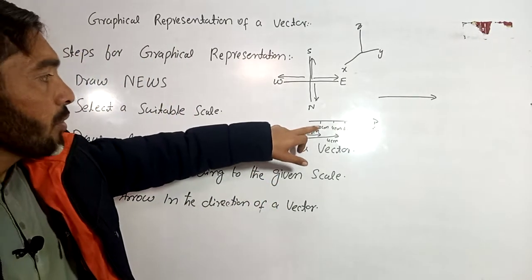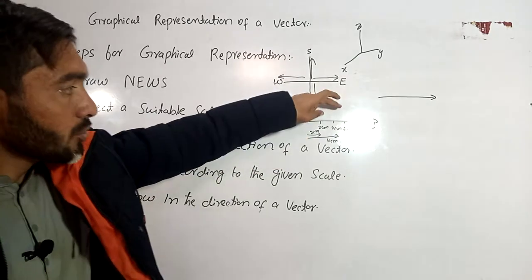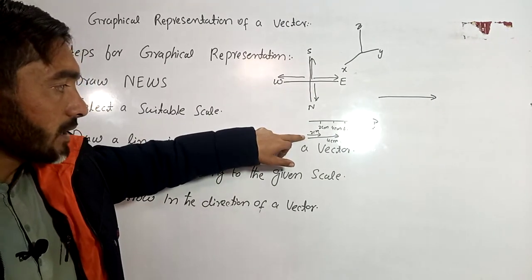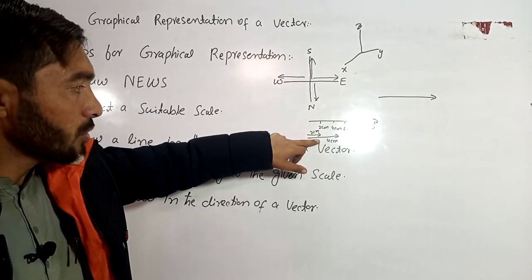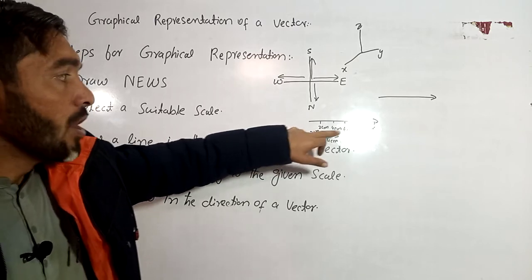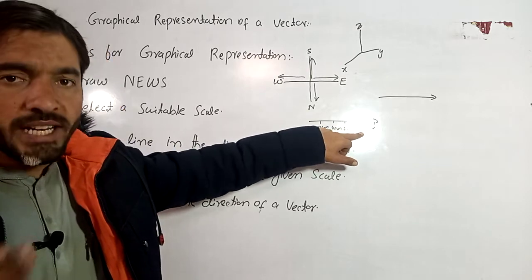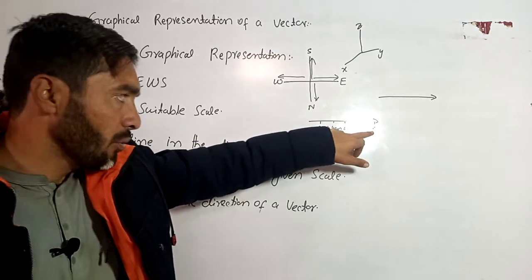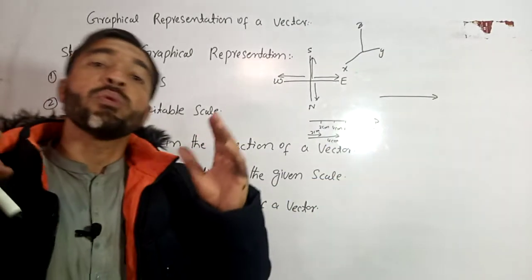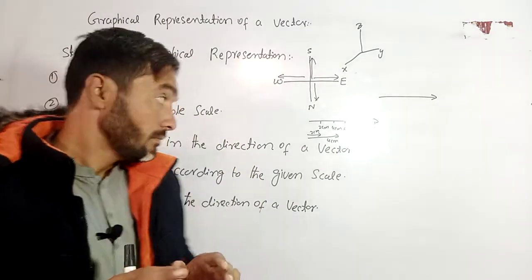Let's suppose we want 2 centimeters from this whole line, so we will cut in this form. We want 4 centimeters, so we will cut in this form. We want 6 centimeters, we will cut up to here. If we want 8 centimeters, we will cut up to here. If we want 10 centimeters, we will use the whole line.